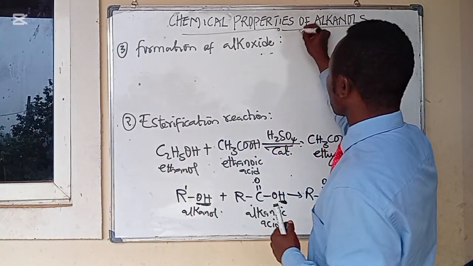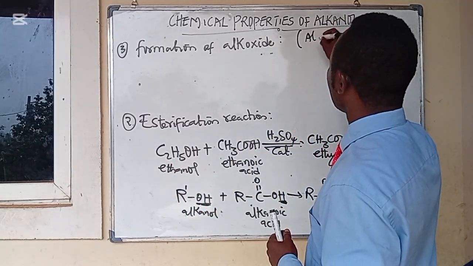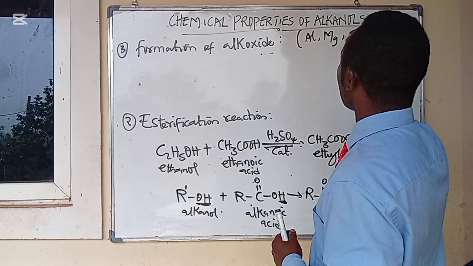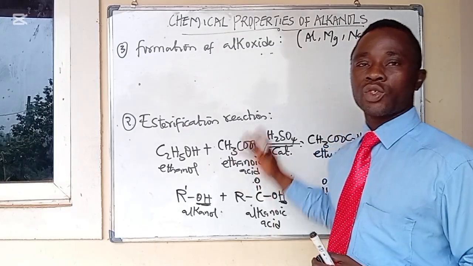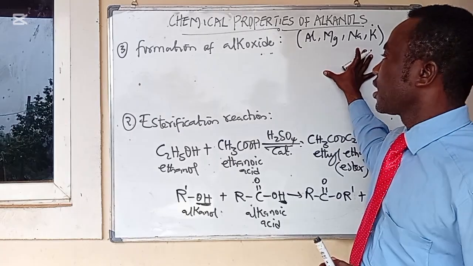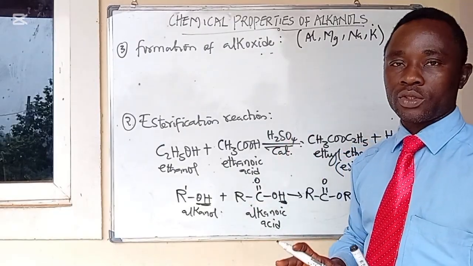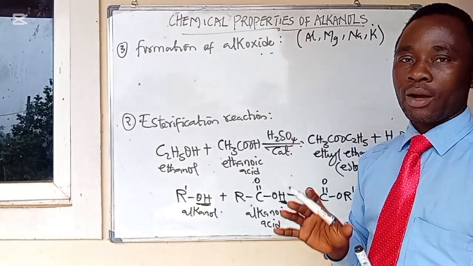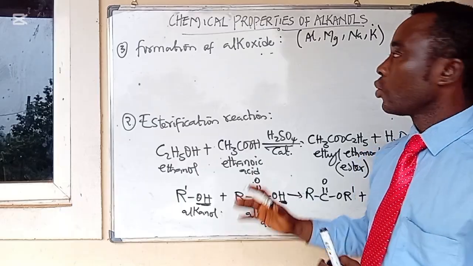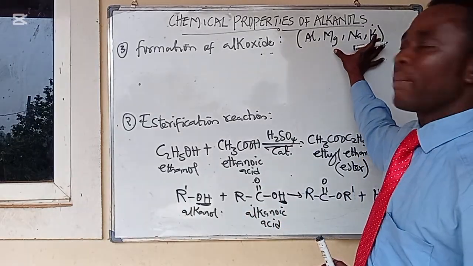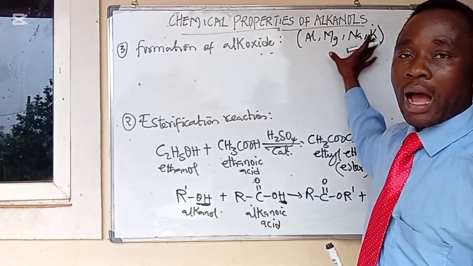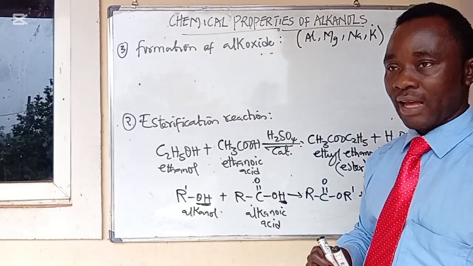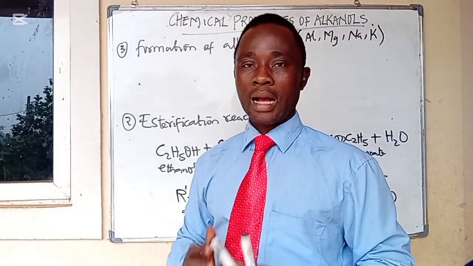Strong electropositive metals: you have aluminium, you have magnesium, you have sodium, you have potassium. Any of these strong electropositive metals can react with alkanols to give you alkoxide and hydrogen, which means that metals liberate hydrogen from alkanols.